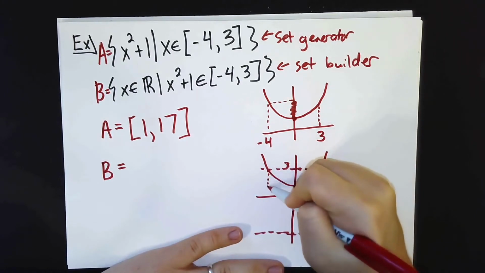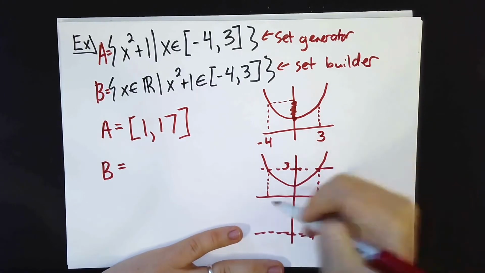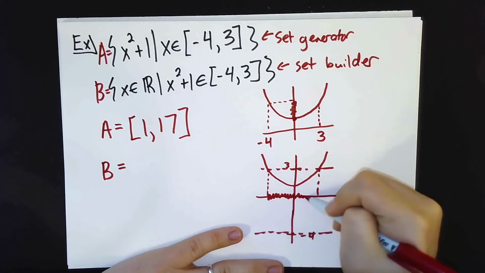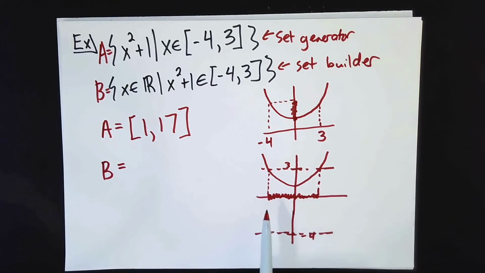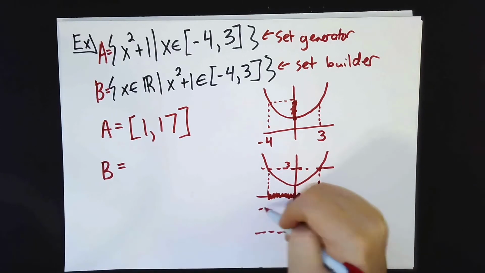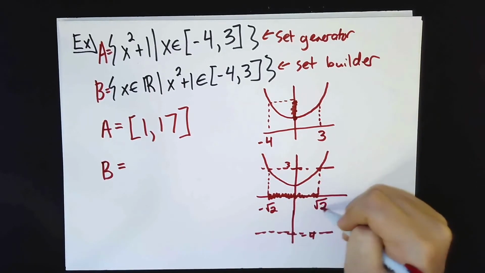So namely, I am looking for that interval. And what is this interval? Well, this interval happens to be -√2 to √2.